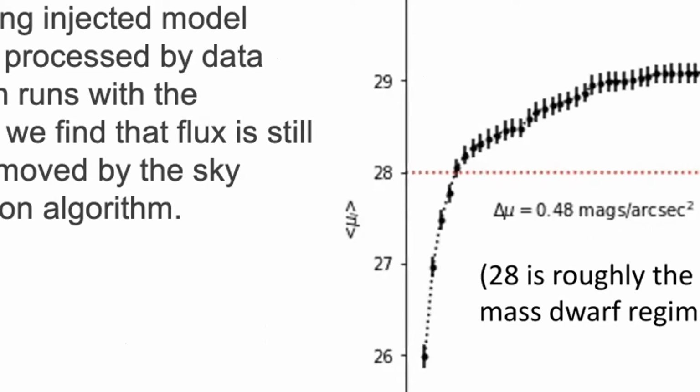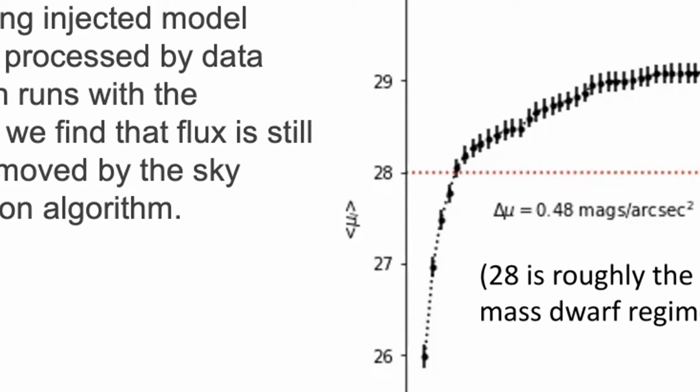The headline for this is, at the moment, we've been comparing injected model galaxies, so injected into the Rubin data reduction runs where they're testing the process, and we're comparing those with the original galaxies. And we're finding at the moment that flux is still being removed by the sky subtraction algorithm, where the plot on the right-hand side shows the average surface brightness on the y-axis and the difference in surface brightness between the processed and the original galaxies on the x-axis.